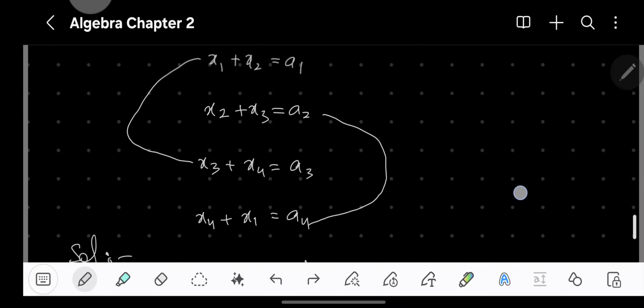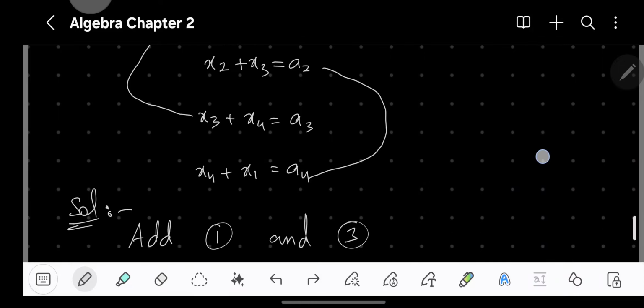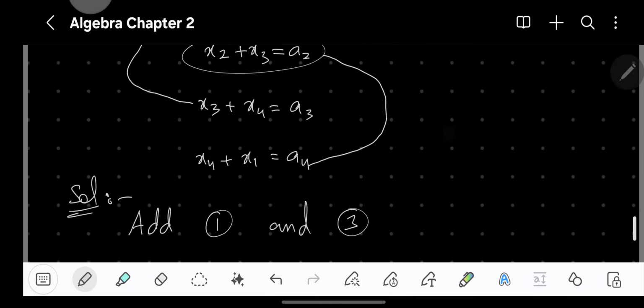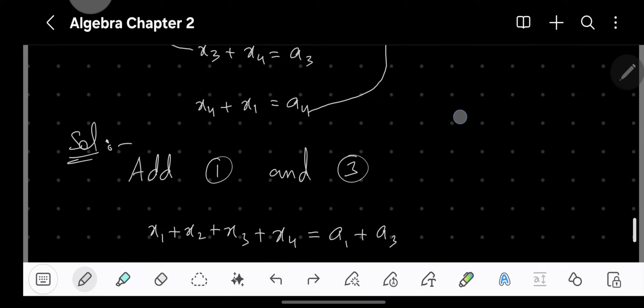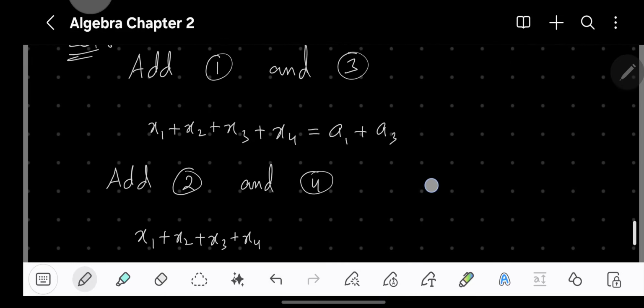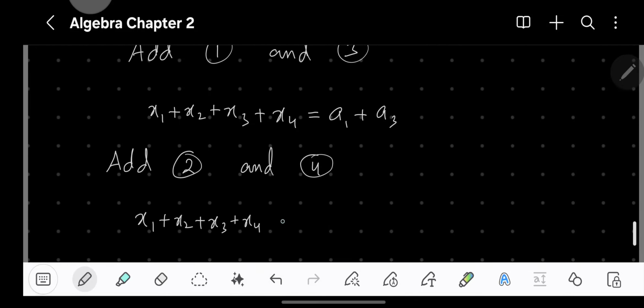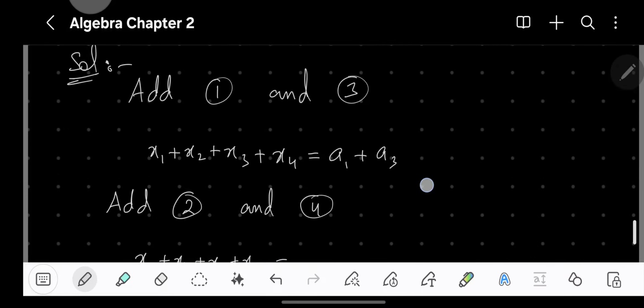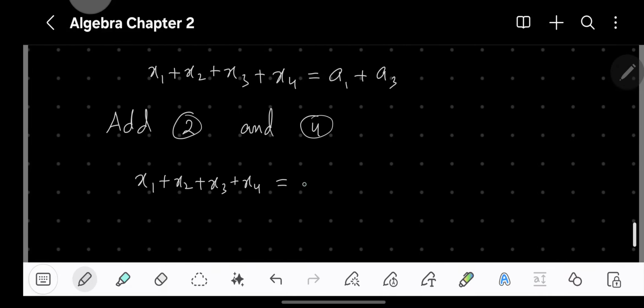Now I will add equation number 2 and equation number 4. So if I add equation number 2 and 4, I will get again x1 plus x2 plus x3 plus x4 is equal to a2 plus a4.